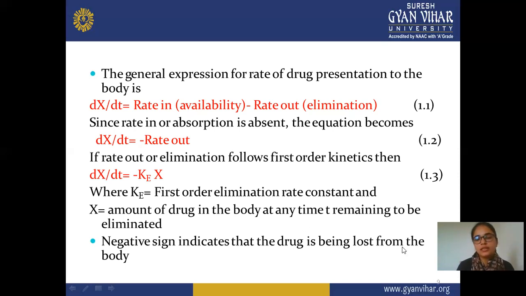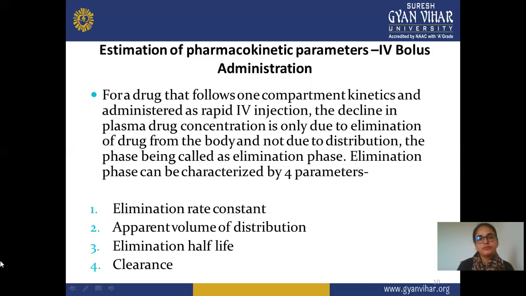The negative sign indicates the drug is being lost from the body, because the drug does not remain in your body, it gets eliminated or excreted. That's why we put the minus sign. X is the amount of drug at any time remaining to be eliminated, and the first order elimination rate constant is Ke. So this is the equation for the drug present in your body in IV bolus administration after modification.